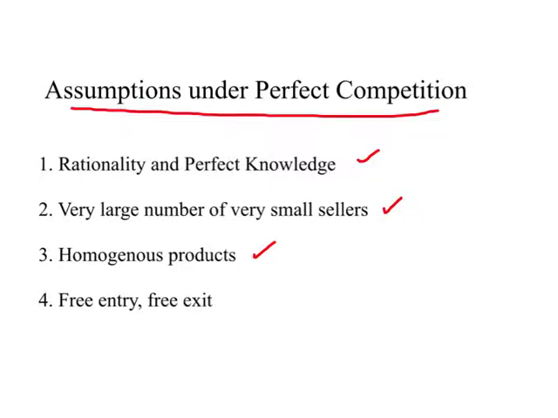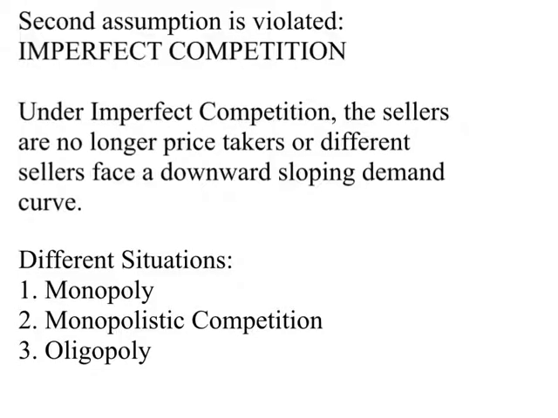And then the last assumption we made is of free entry, free exit, and this has long run consequences. Let us now assume that the first assumption of rationality and perfect knowledge is valid under different market structures. So let us look at the violations of assumptions 2, 3 and 4 under perfect competition.